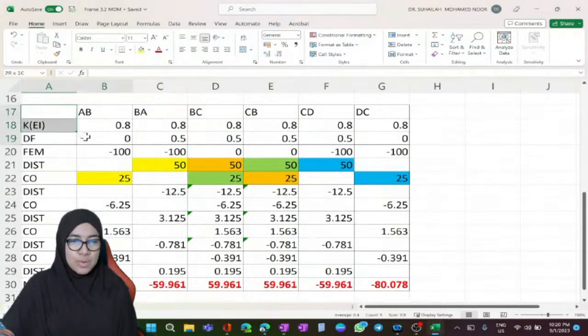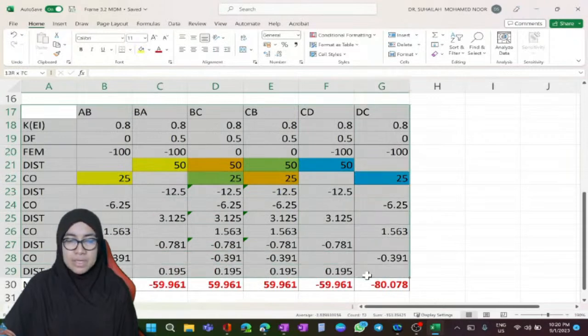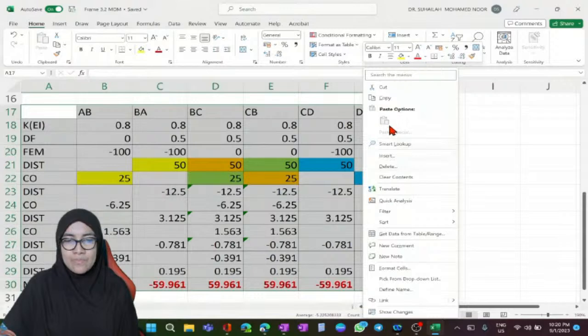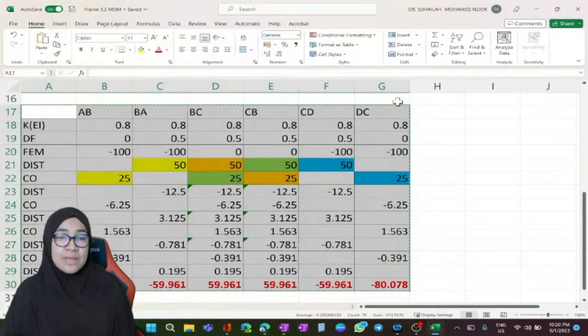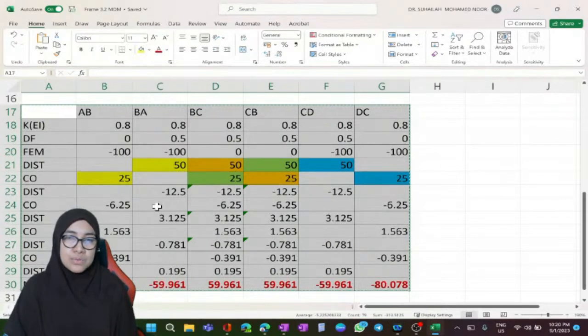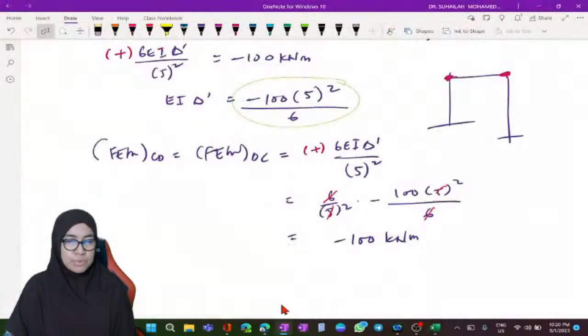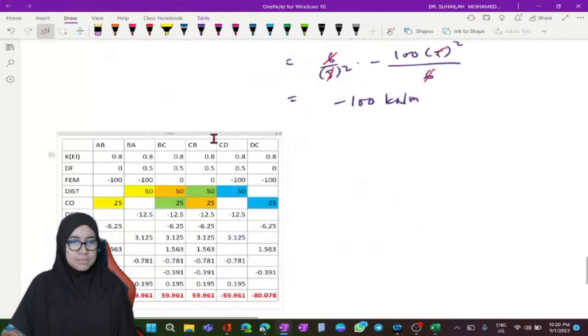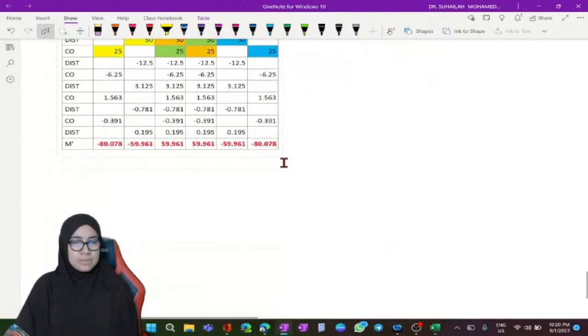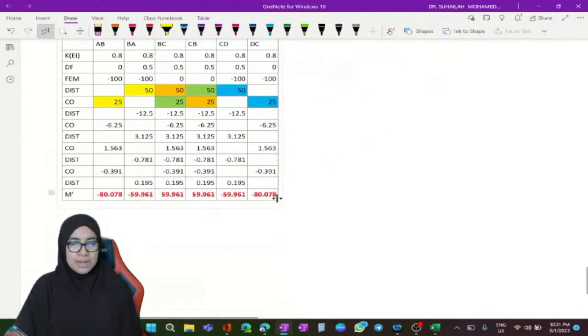And for the side sway frame, we base on assumption. We have to assume FEM for one column and find another FEM using ratio and interpolation. So copy and put back to this. So this is the value.